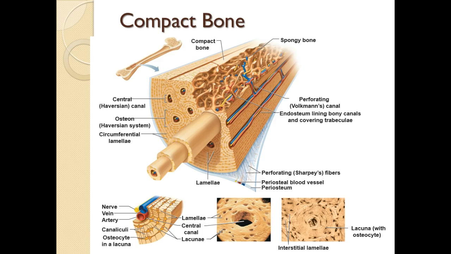So at the very end, notice the part that protrudes. In the center, you see the blood vessels and the nerves. So the blood vessels are blue and red, and the nerves are yellow.